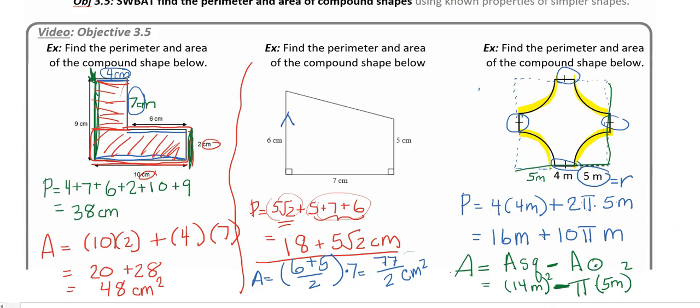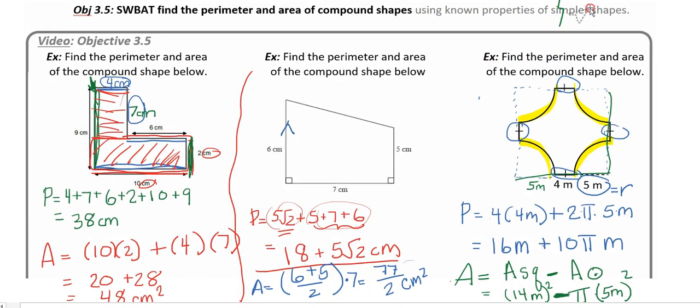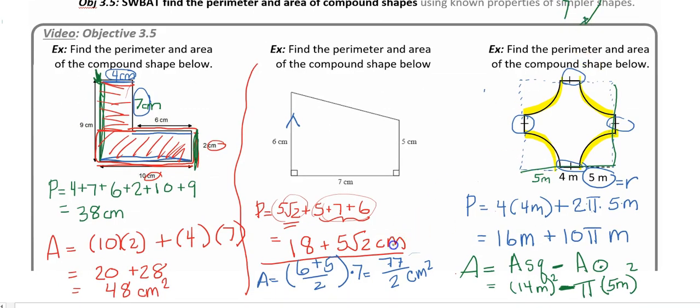So the area of this shape is going to be 196 meters squared, which is 14 squared, minus 5 squared is 25, minus 25 pi meters squared.